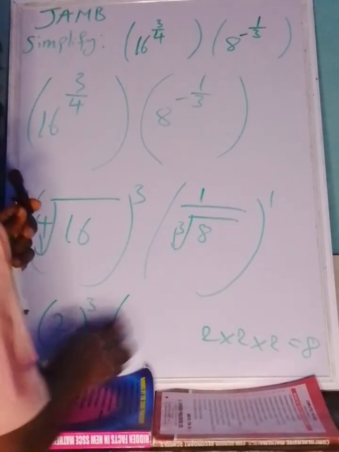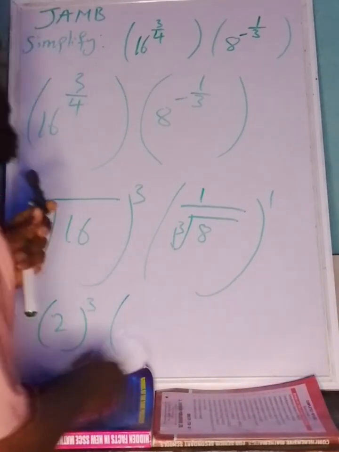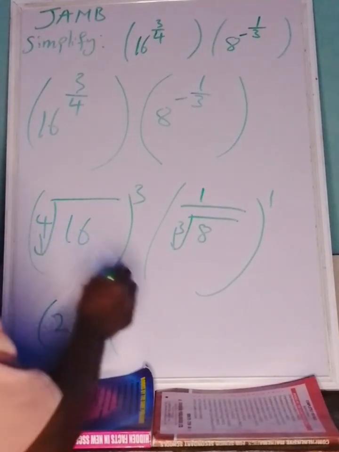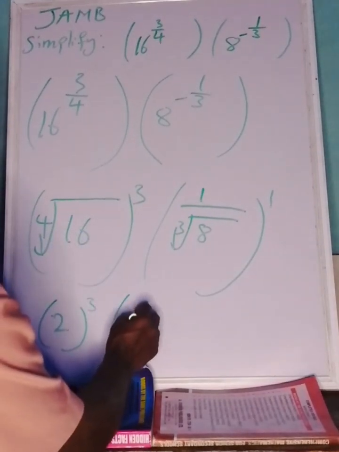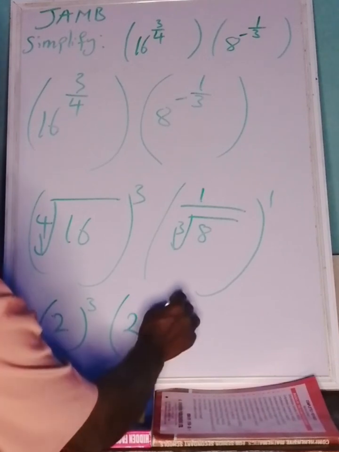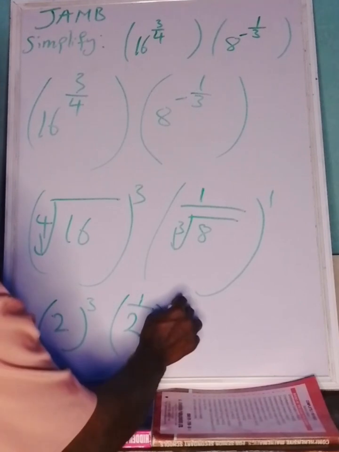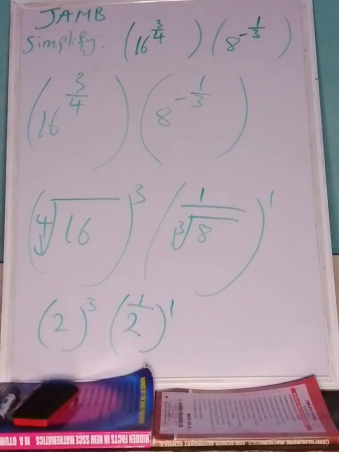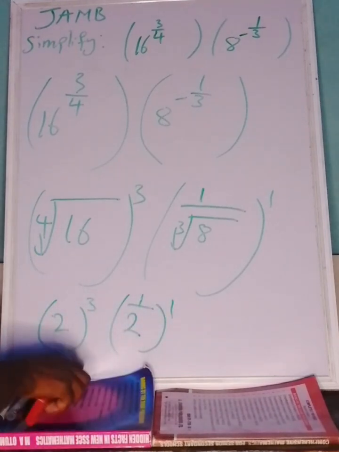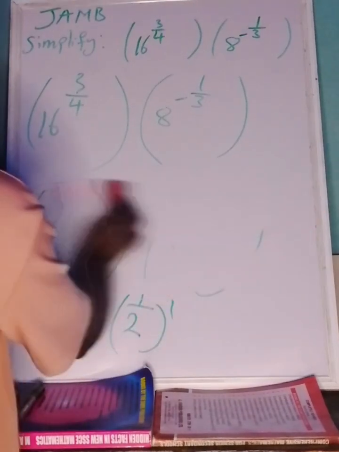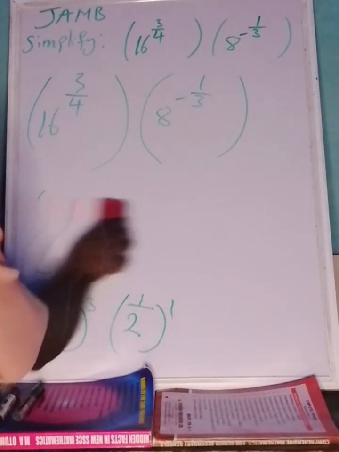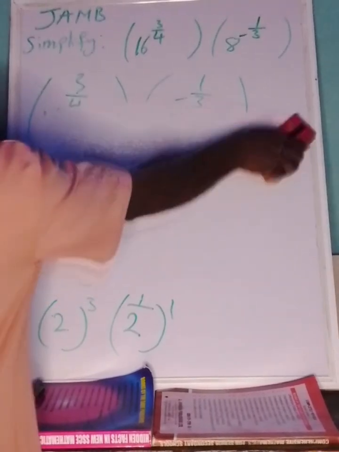So the cube root of 8 is 2. So we still have 2 here, but this time it is 1 divided by 2 raised to power 1. And remember, anything raised to power 1 is the same.